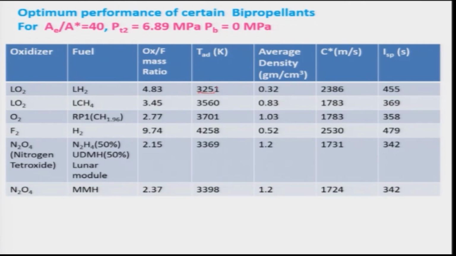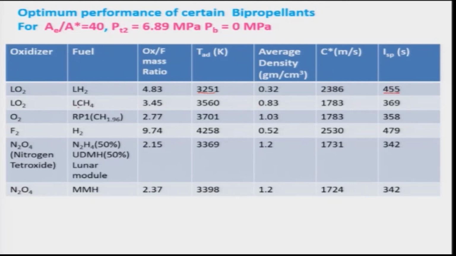These are basically theoretical values, and the average density is very low, 0.32, hydrogen being a lighter molecule, right, and you can get a characteristic velocity of 2386 and an ISP of 455 seconds.